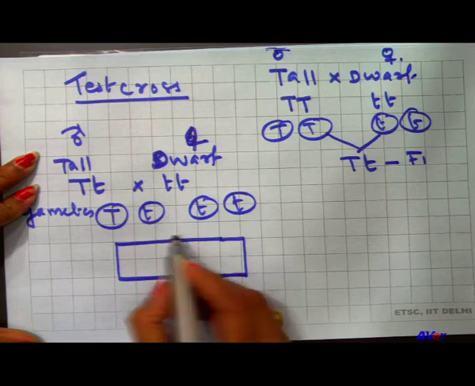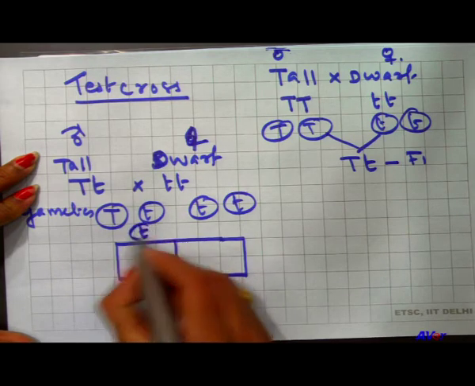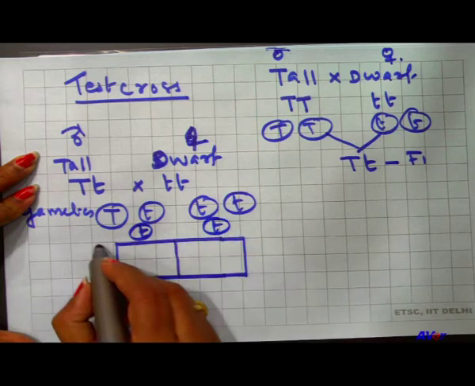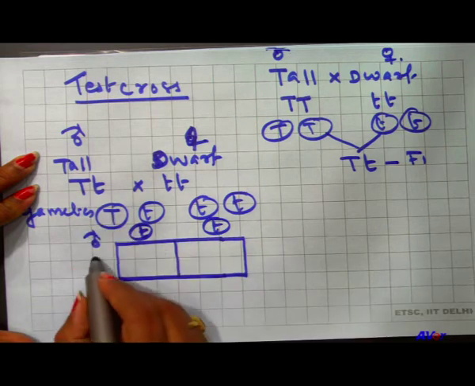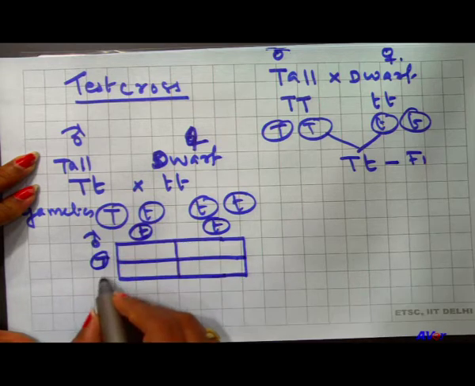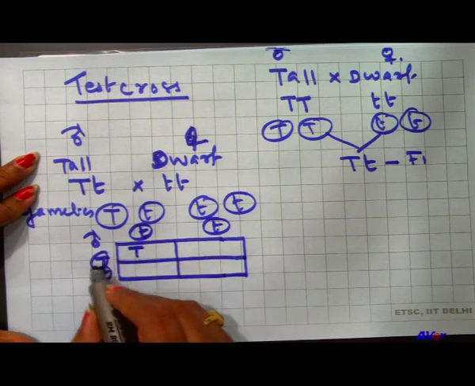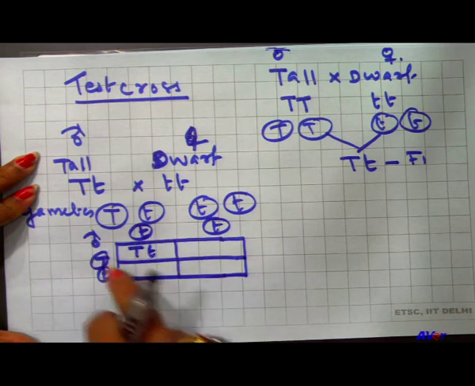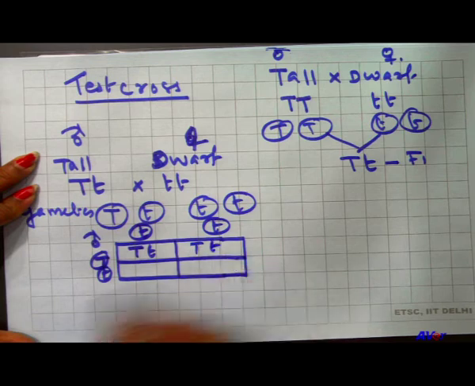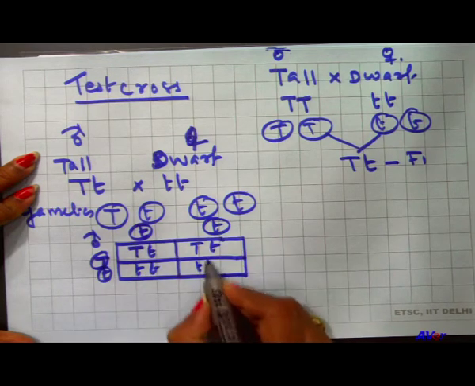Here we are writing the female gamete, and the male gamete here: capital T and small t. The combinations are capital T small t, capital T small t, small t small t, and small t small t.